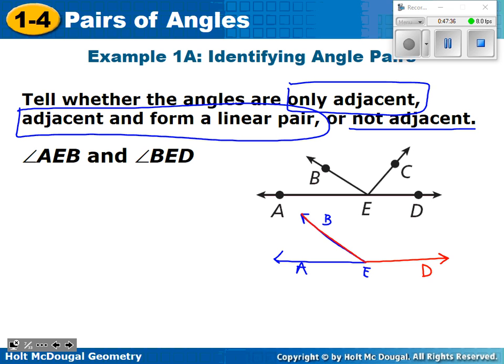Are they touching, sharing a common side, sharing a common vertex? They are adjacent. Do they form a straight line? Yes. What confuses some people is this ray EC that's in the picture. We're not using that for this question. This question is just about angles AEB and BED. So the answer should have been adjacent and form a linear pair.